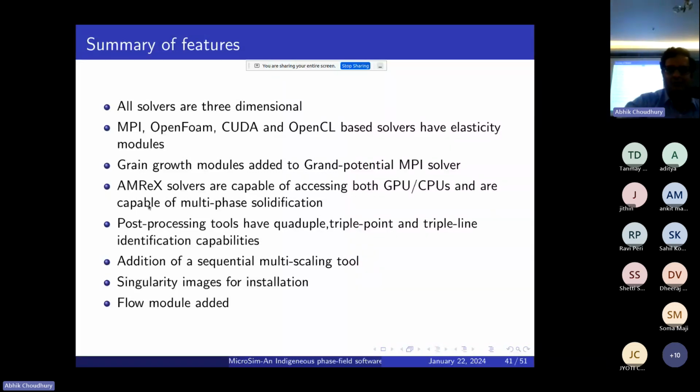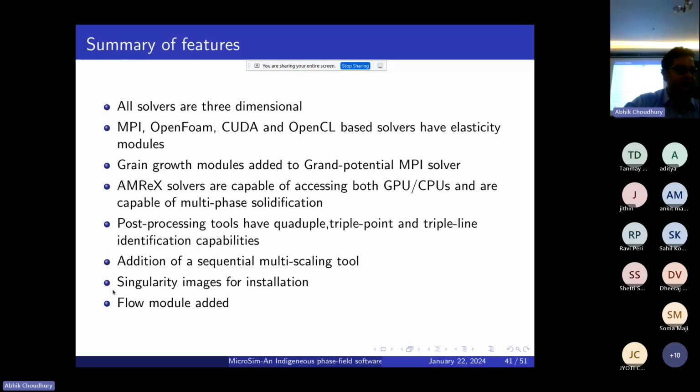But the difference with the AMReX solvers is that you can launch the same code, and by choosing the script you use to launch the simulation, you can choose to run on the CPU or the GPU. This is partly possible with the OpenCL based solvers as well, but it is more accessible with the AMReX type of framework. As we said, we have a host of post-processing tools. Some demonstration of them will occur during the tutorial sessions as well as on the final day when we are discussing them.